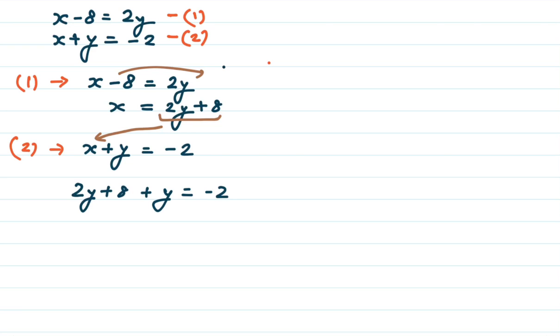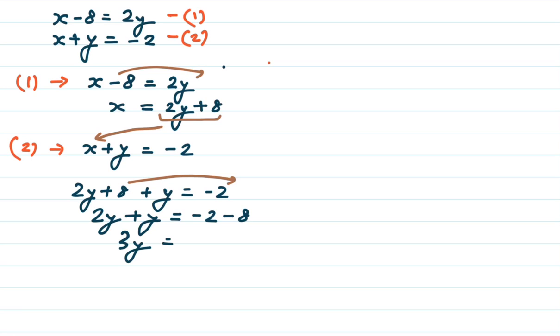Keep the y's on the same side and take 8 to the other side. So this is going to be 2y plus y is equal to negative 2, negative 8.